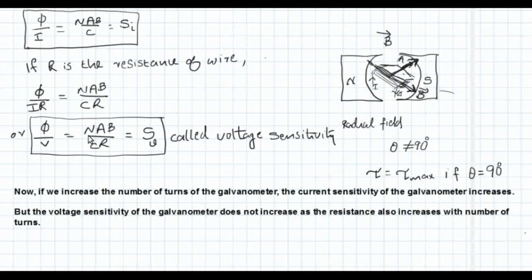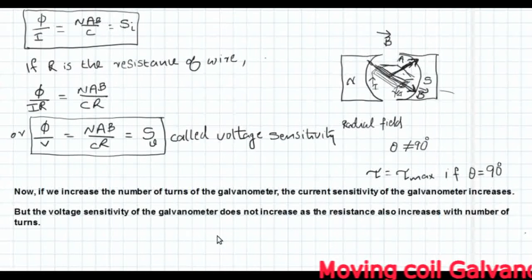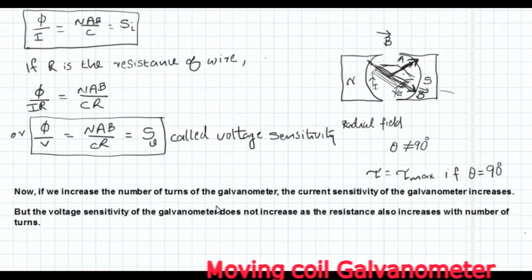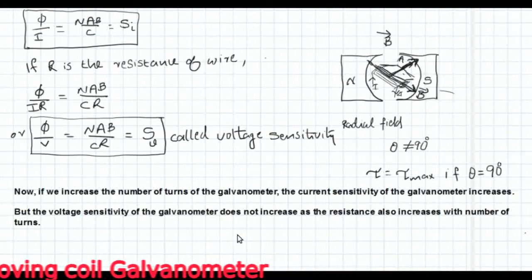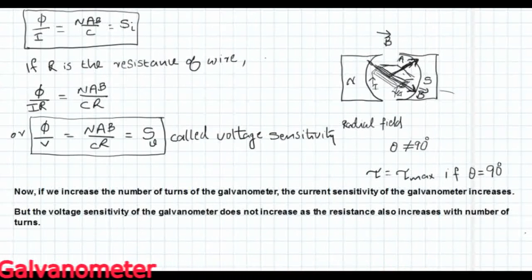So this ratio will always be NAB divided by CR, and that is why the voltage sensitivity does not change. So as the number of turns increases, the current sensitivity of the galvanometer increases and there is no change in the voltage sensitivity of the galvanometer.